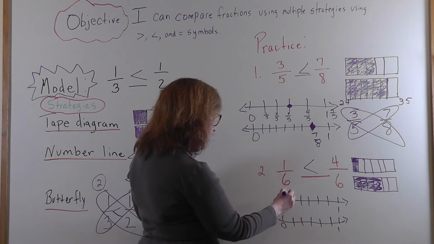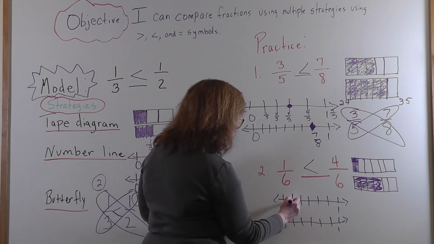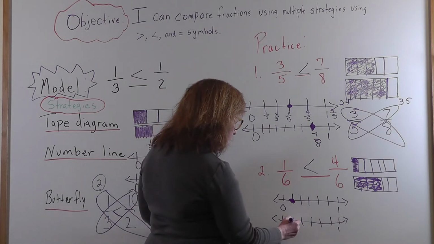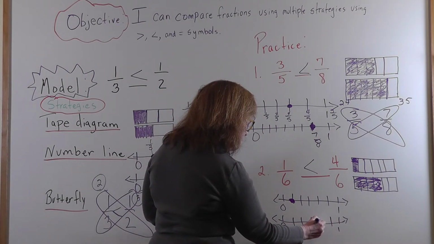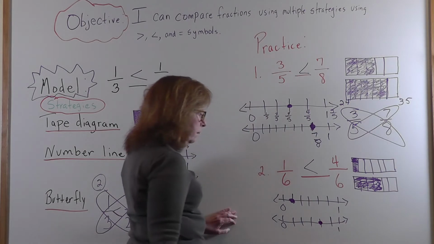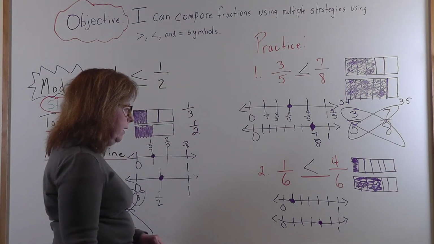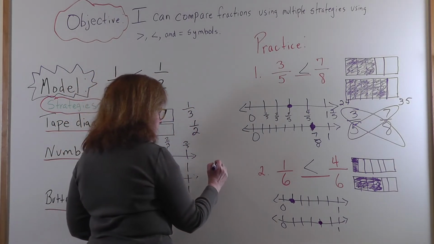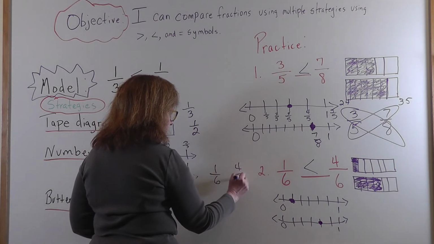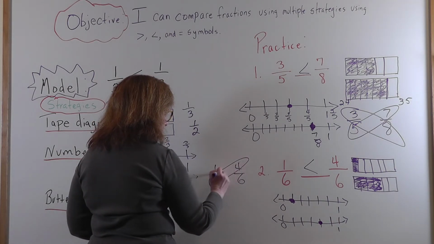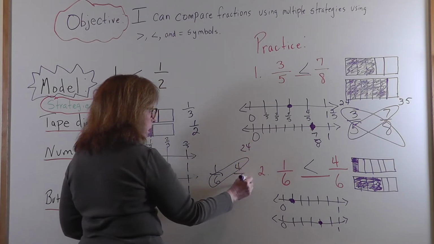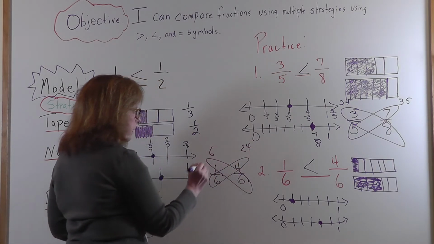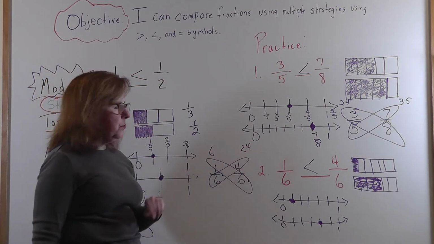All right. And then I would label 1/6. This will be 1/6. And then I go 1, 2, 3, 4/6. Now I'm going to do the butterfly. 4 times 6 is 24. And 1 times 6 is 6. 6 is less than 24.